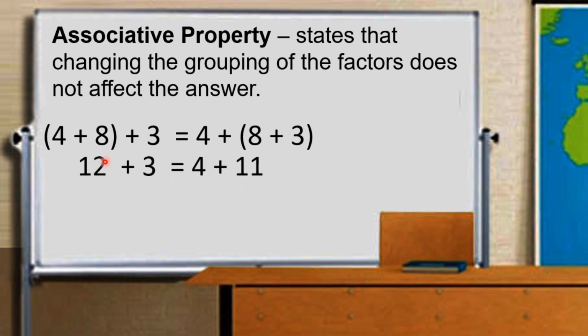Let us solve. 4 plus 8 is 12. And then plus 3 equals, ibaba natin si 4 plus, 8 plus 3 is 11. And then, 12 plus 3 is 15 equals, dito sa kabila, 4 plus 11 is 15 also.